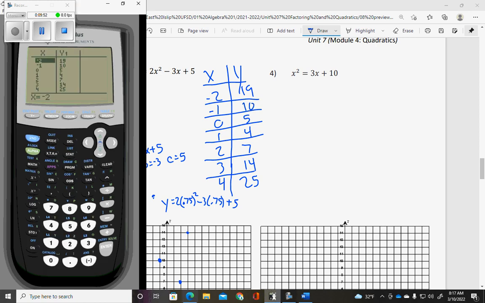I'm going to go to the home screen and type in 2, parentheses, 0.75 squared. Type it in exactly as I see it.